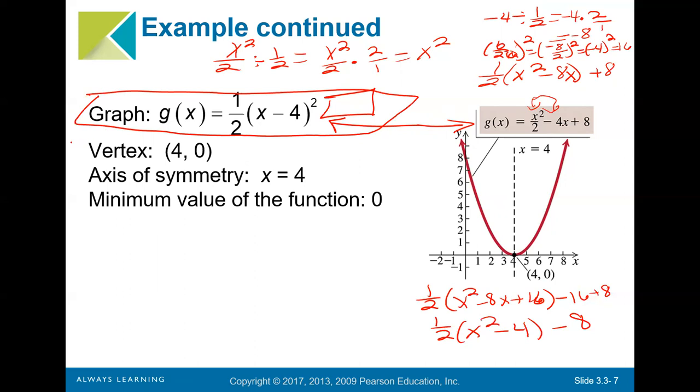There's not a whole lot of instructions on this one here. So it's telling you, let's graph this one. This one here, we solved it earlier. So if we're using this one and this is what they gave us, then there is no K written here, then we know K is 0, right? And so our vertex is 4, 0. Our axis of symmetry is x equals 4. And the minimum is when y equals 0.